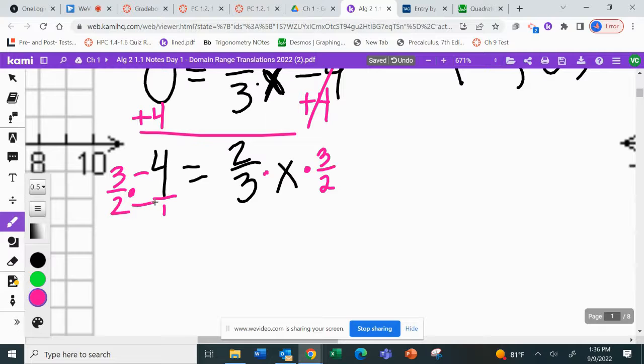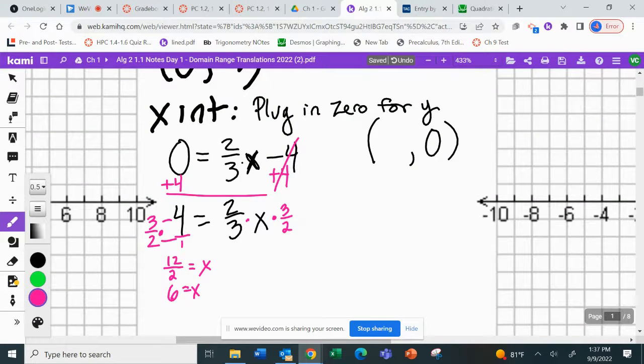And then you go straight across. I get 12/2, which is 6. Now, that is not the answer because it has to be an ordered pair. So my answer for the x-intercept is (6, 0). That's my x-intercept.